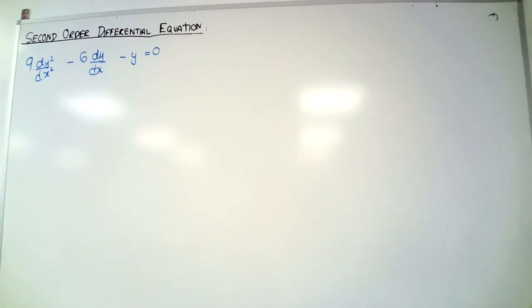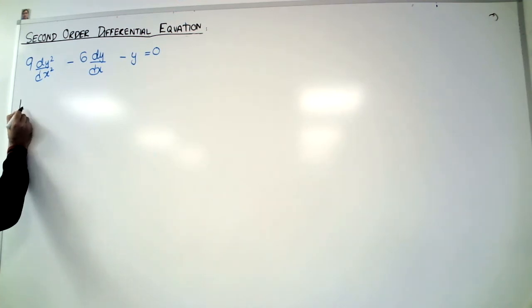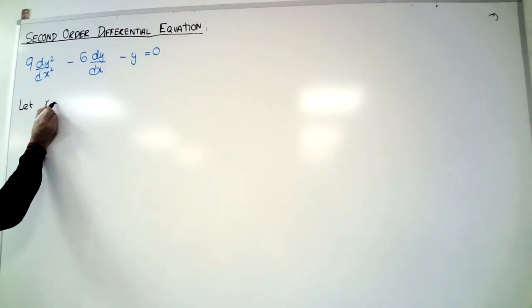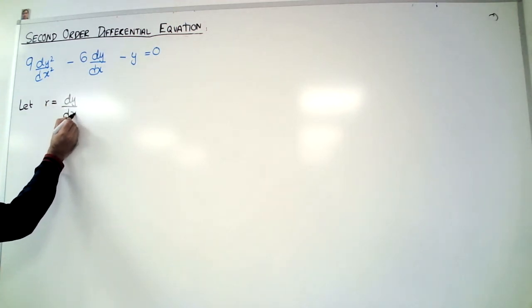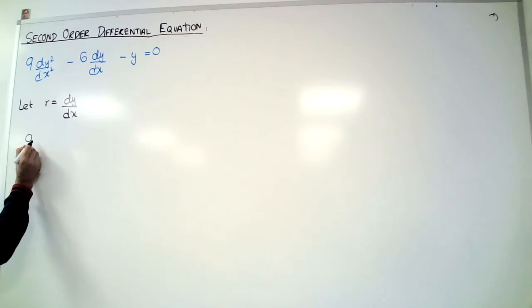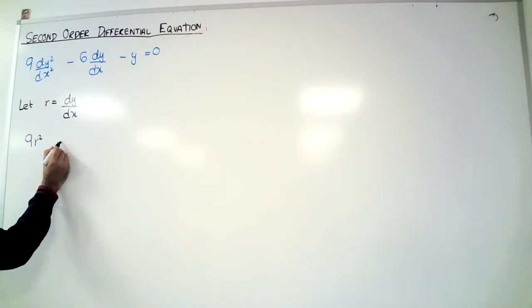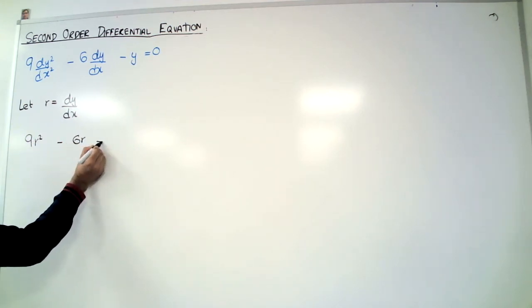Okay. Now we follow exactly the same process. So now I'm going to say r is dy over dx. Yeah, I will say r is dy over dx. So I can get 9r squared minus 6r.